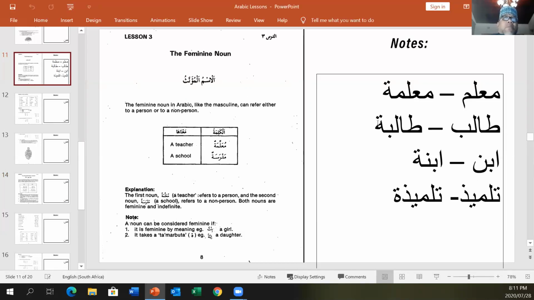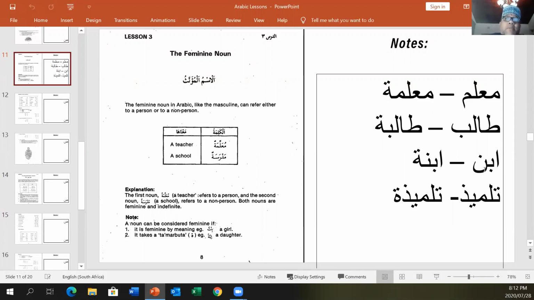You are just adding a ta marbuta, and the ta marbuta will take an un, because we are still dealing with the indefinite, translated as "a". The sign of indefinite is that the last harf has a tanween.